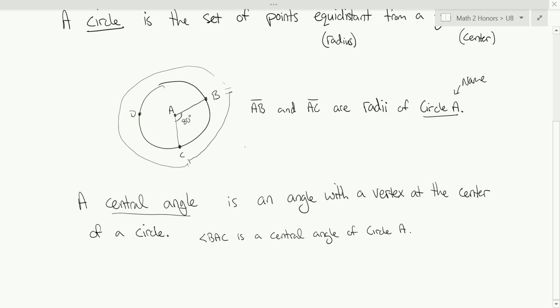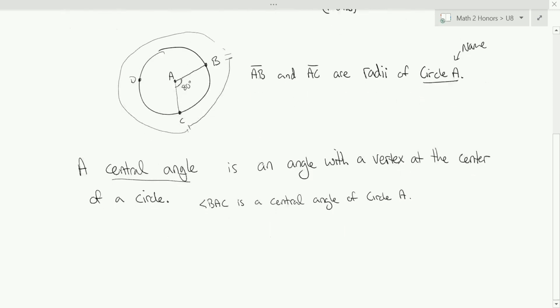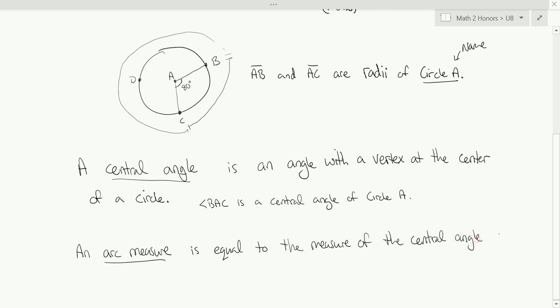So we'd write something. Well, let me define those for you. So an arc measure is equal to the measure of the central angle intercepting that arc.